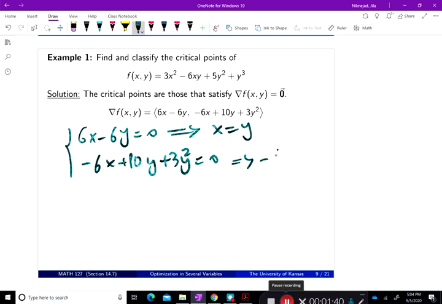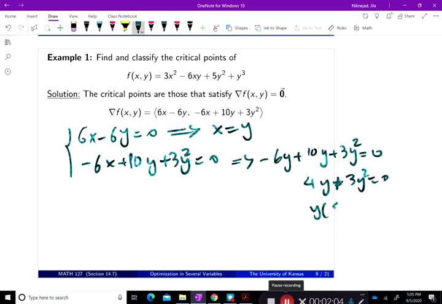That's how we solve systems, right? Most times, I guess. Negative 6y plus 10y plus 3y squared equal to 0. That is 4y plus 3y squared equal to 0.